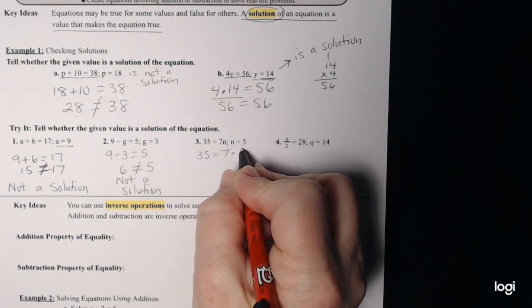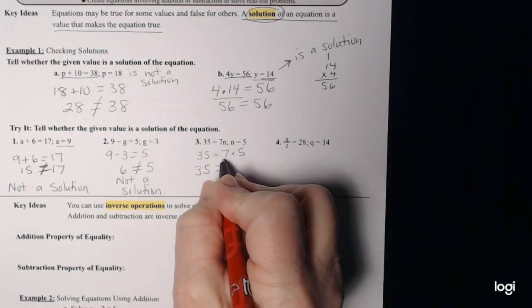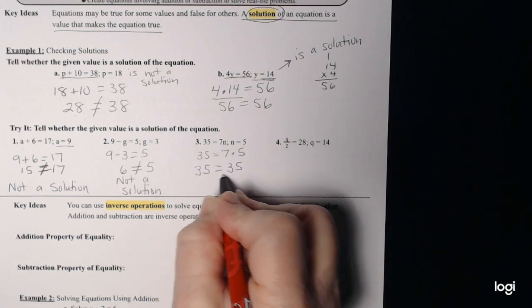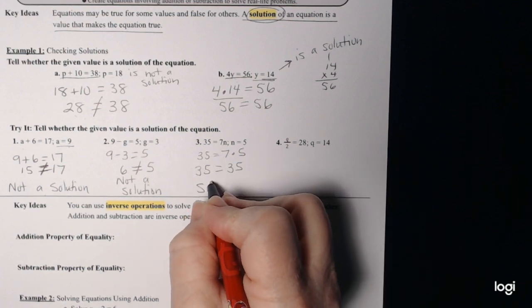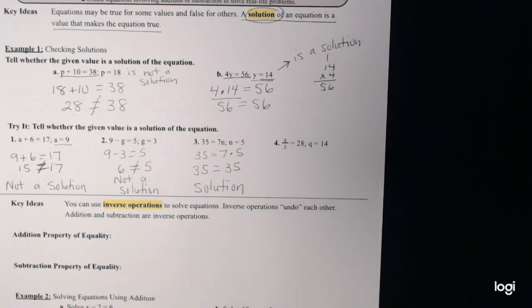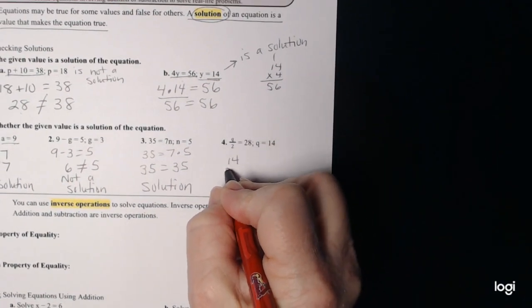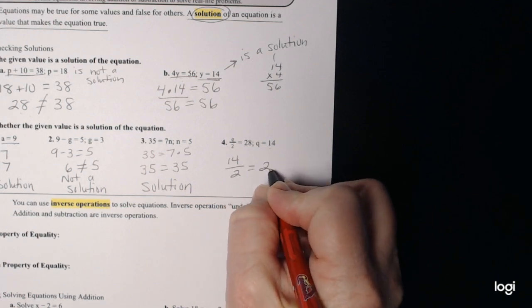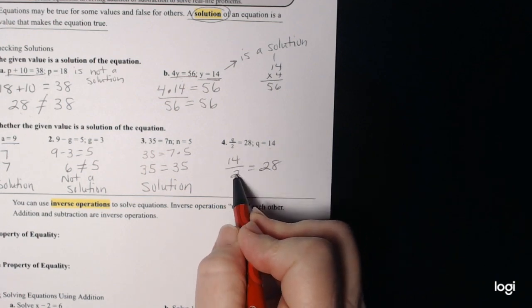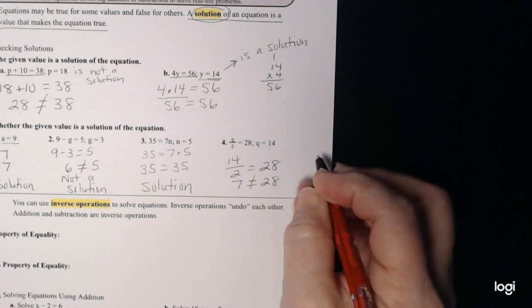Substitute the 5 in for the N. 35 equals 7 times 5. This one is equal. So we're going to write solution. And look at number 4, Q. You should have put 14 in for Q. 14 divided by 2 is 7. 7 does not equal 28.